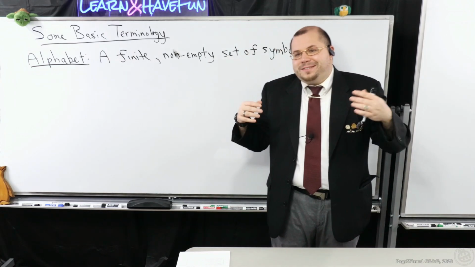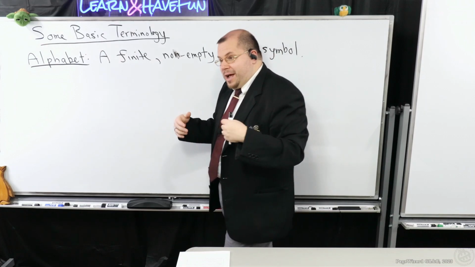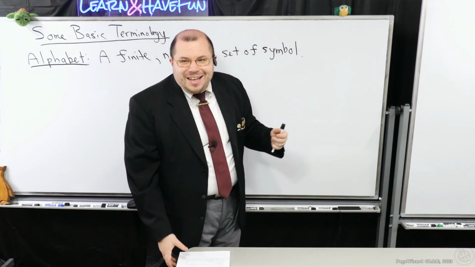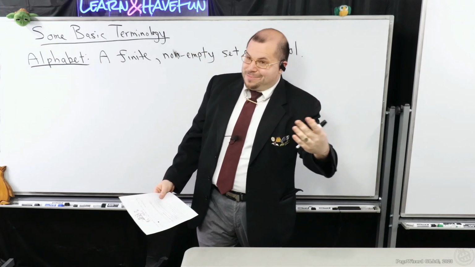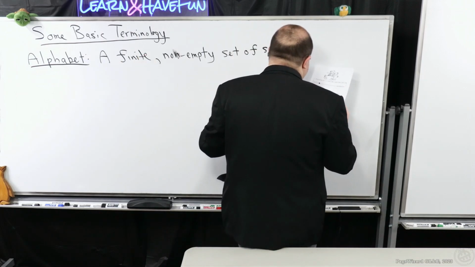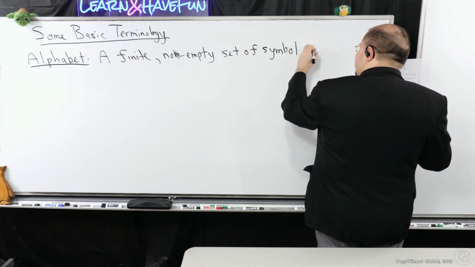For example, I have a typewriter. I may have all the alphanumerical characters along with some punctuation. Those would be my alphabet, for example, for a typewriter. Maybe I would include some arithmetic symbols in there too, but anyways.